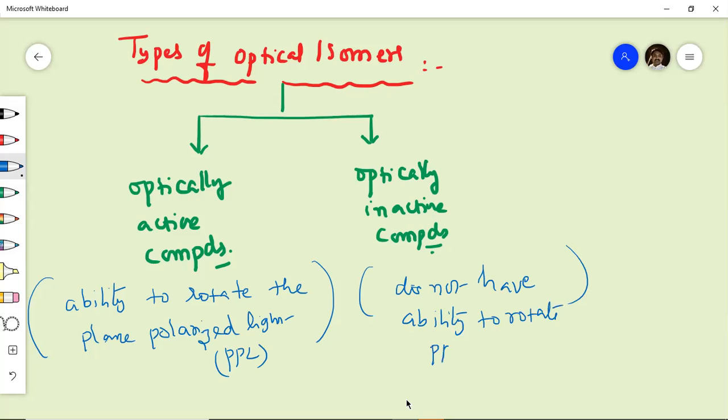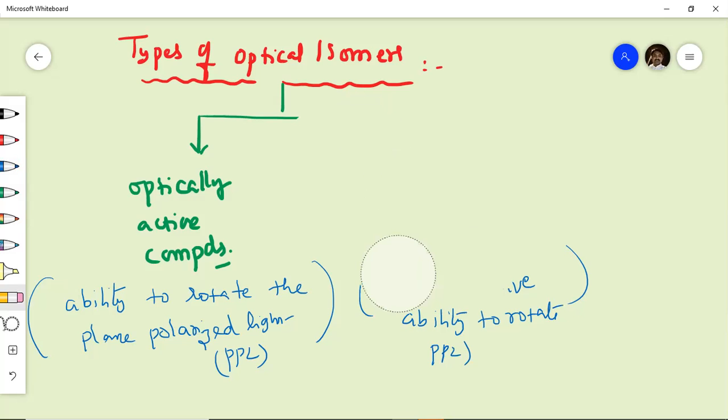PPL stands for plane polarized light. Now we will see optically active compounds only. We don't want the inactive compounds discussion in the beginning, so we will discuss them once the optically active compounds discussion is completed.